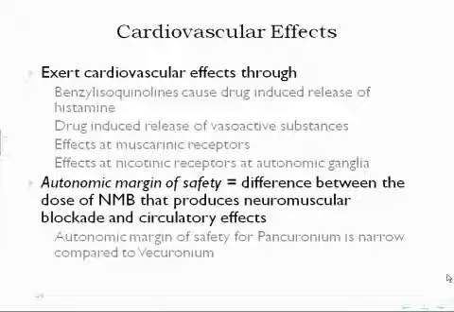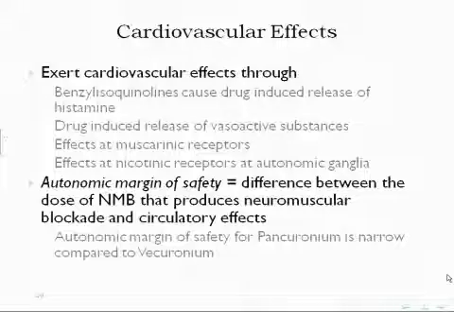The only exception, of course, is Pavulon, which can also affect muscarinic sites and can also affect the nicotinic sites in the autonomic ganglia. There's what's called the autonomic margin of safety, which is the difference between the dose of neuromuscular blocker that produces neuromuscular blockade and circulatory effects. The safety margin for pancuronium is narrow compared to vecuronium. Vecuronium is actually a very, very stable agent cardiovascularly, and that's why it's really used.